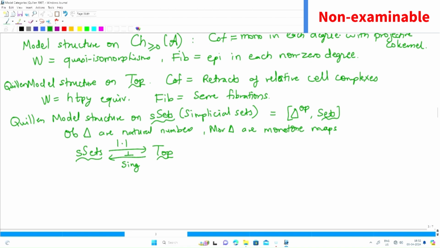This adjunction is quite important. I obviously don't have enough time to talk about the details of this adjunction, but it is a Quillen adjunction.